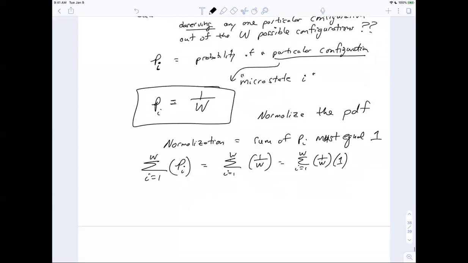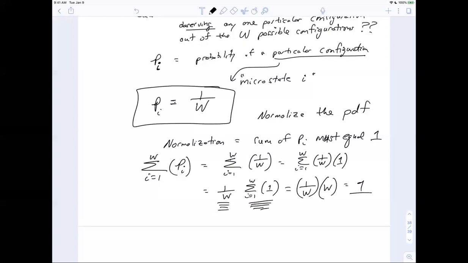We can pull a constant out of a summation. If you have a sum of terms and each term has some constant, we can just pull it out. So that becomes 1 over W times the sum from i equals 1 to W of 1. If we sum 1 W times, so 1 plus 1 plus 1 plus 1, with W terms, that summation is just going to equal W. So we have 1 over W times W, which is 1.